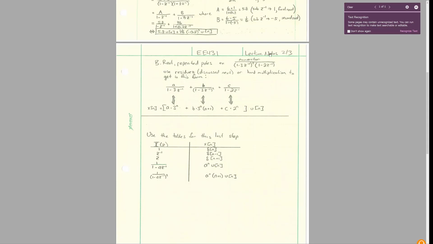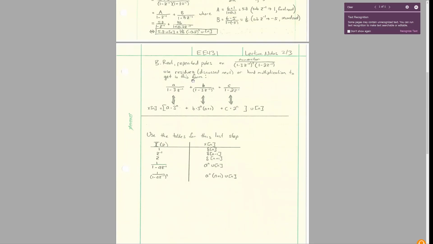I'm not going to give you one with repeated poles on a test. Instead, if you get one in practice, just throw it into MATLAB's residuez and let it do the factoring for you. It will look like a 3 to the n term, then a 3 to the n times an n plus 1 term, and then your unique pole down here.